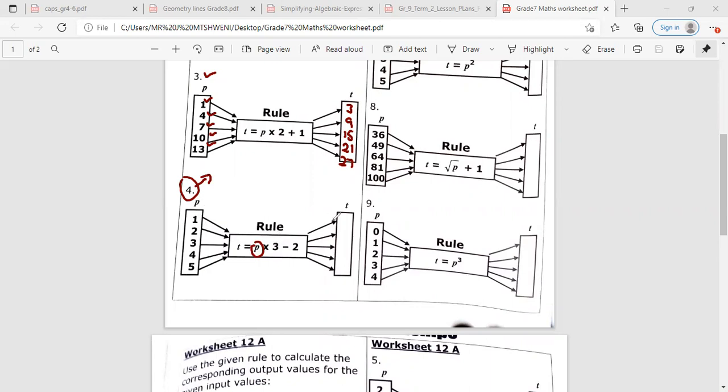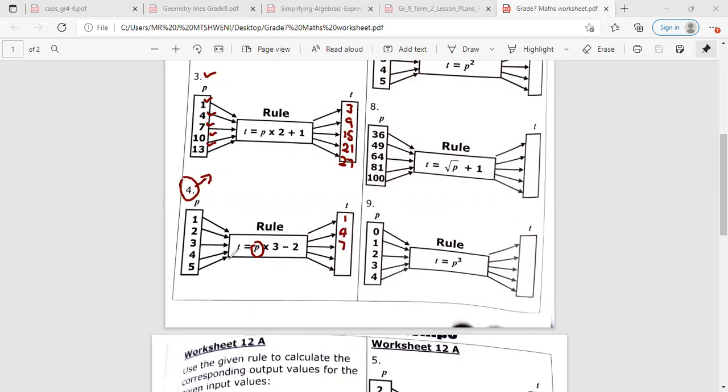What is 3 minus 2? It's 1. 2 multiplied by 3 is 6 minus 2. What is 6 minus 2? 6, 5, 4. You get a 4. 3 multiplied by 3 is 9. 9 minus 2: 9, 8, 7.